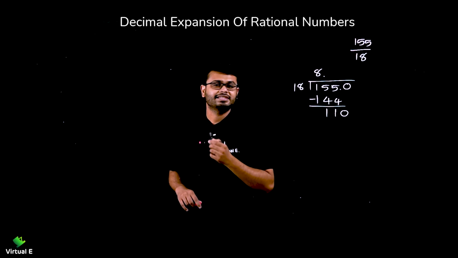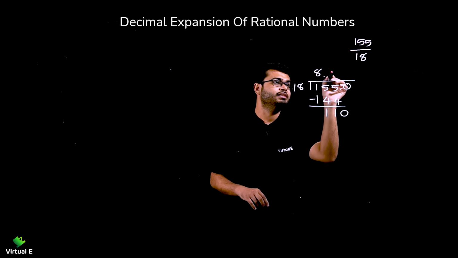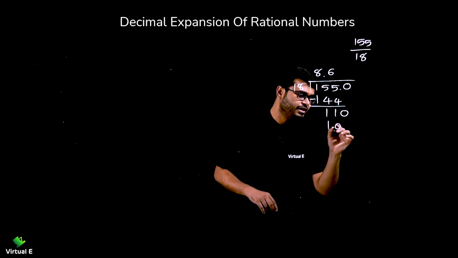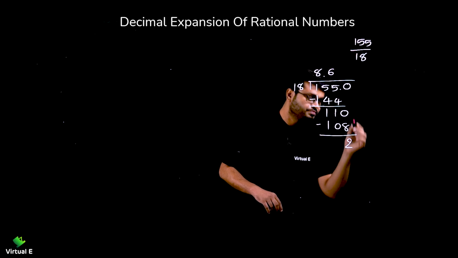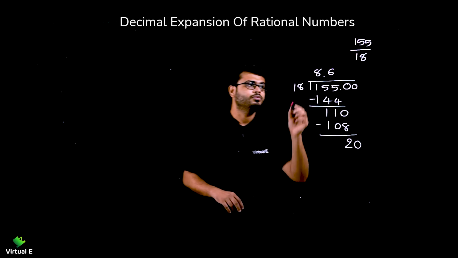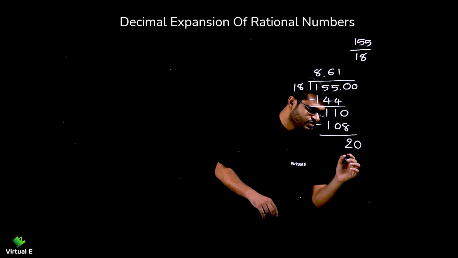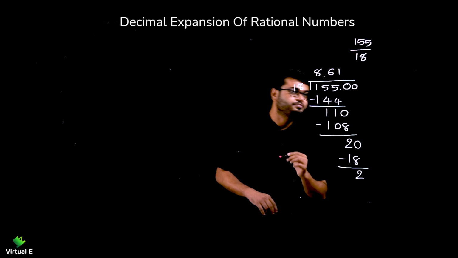So 18 sixes are, that is what? 108. So let's write 18 sixes are 108. So if we subtract, we are going to get 2, and let's borrow 1 0, that is 20, right? So 18 ones are, that is what? 18, and minus, so 2 here, right?